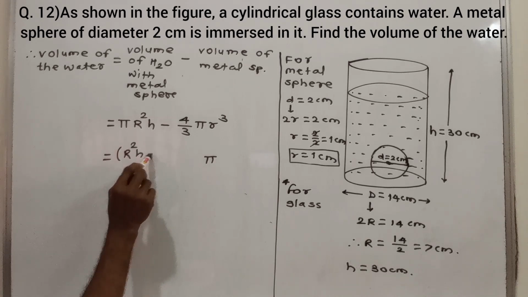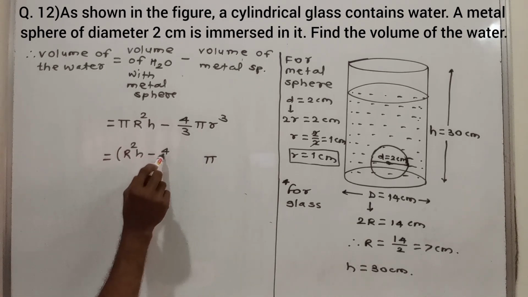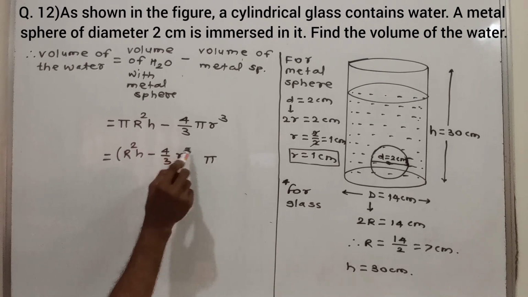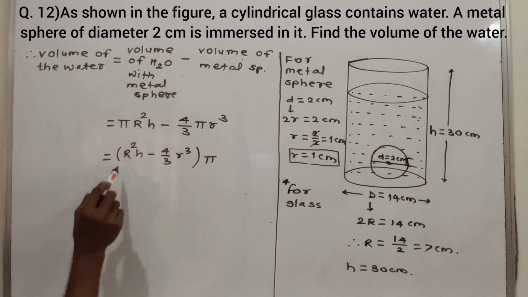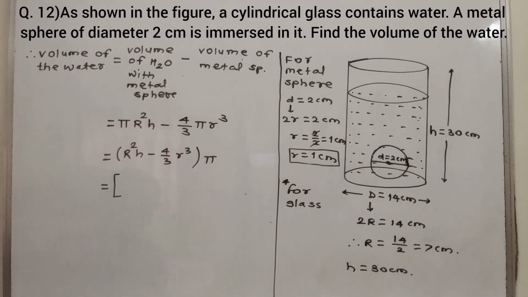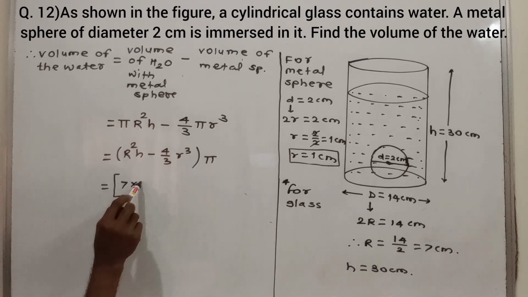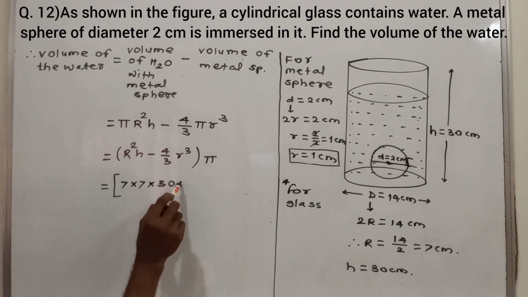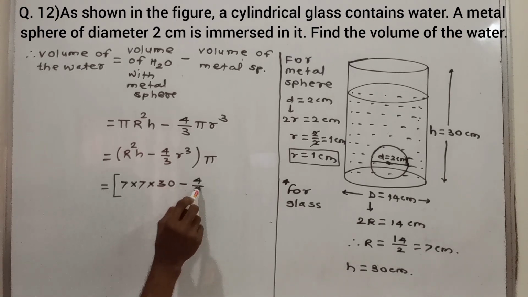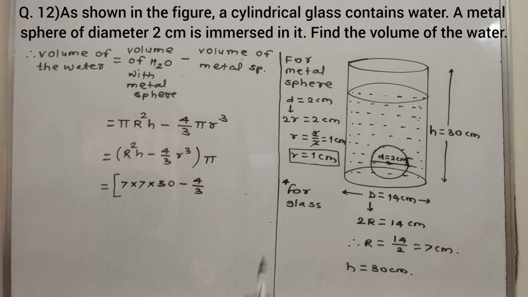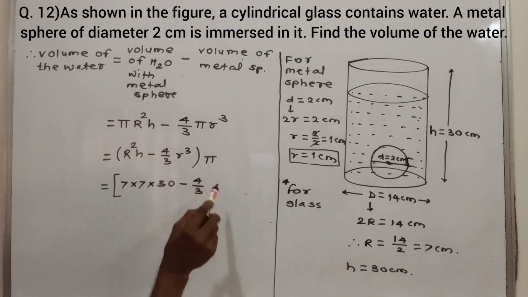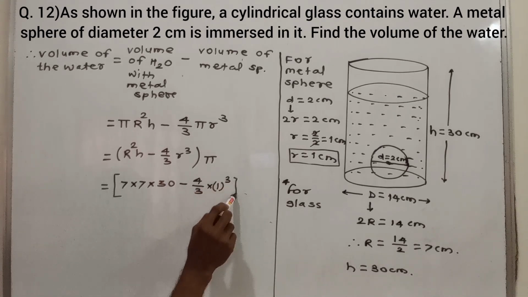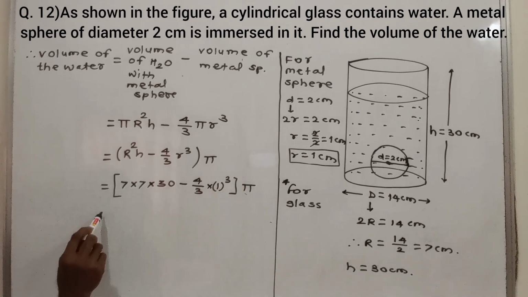R square h minus 4/3 r cube. Therefore, we put values. What is capital R? 7. So we write 7 into 7 into h 30 minus 4/3 into r 1, so 1 into 1 into 1, or we write here 1 cube, into pi.